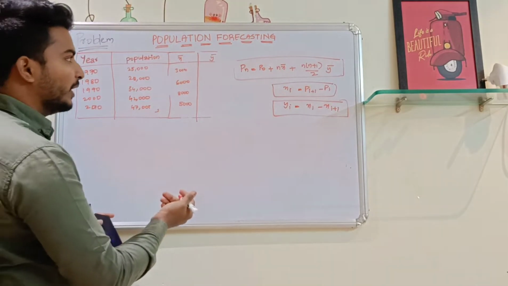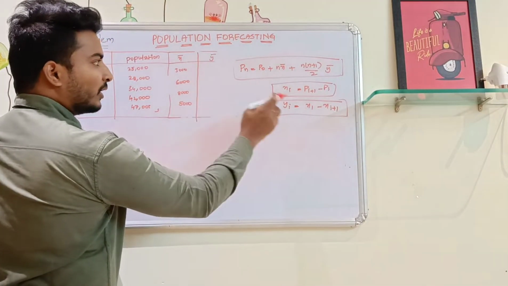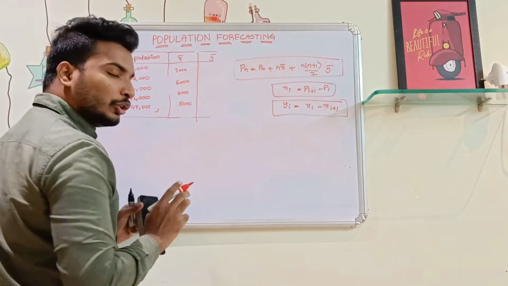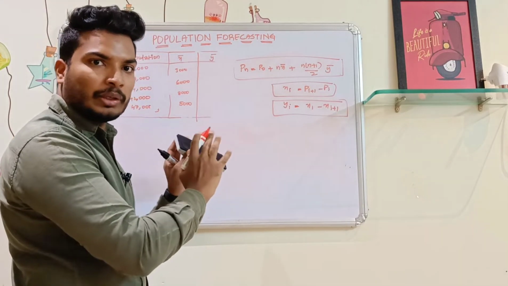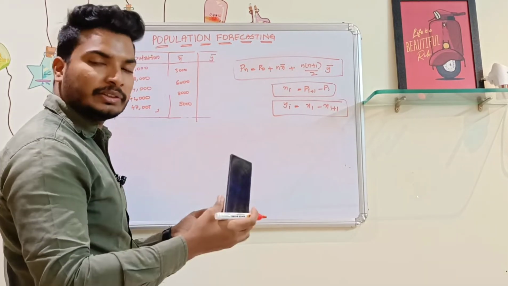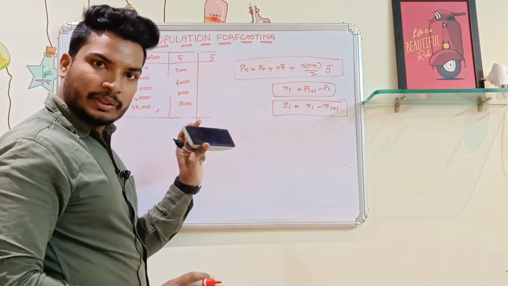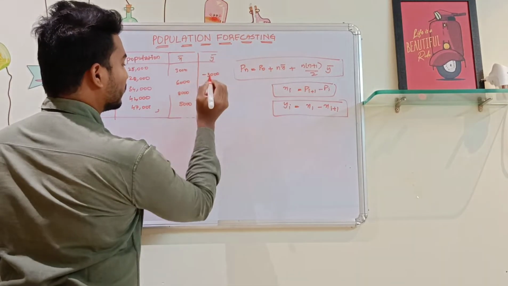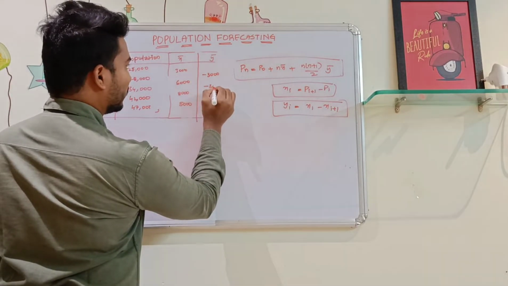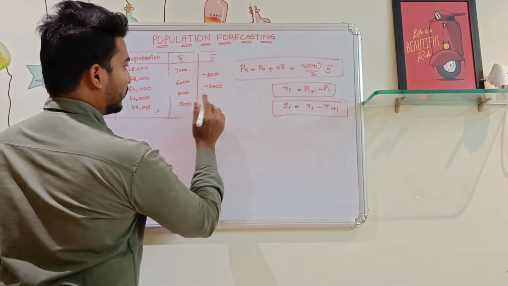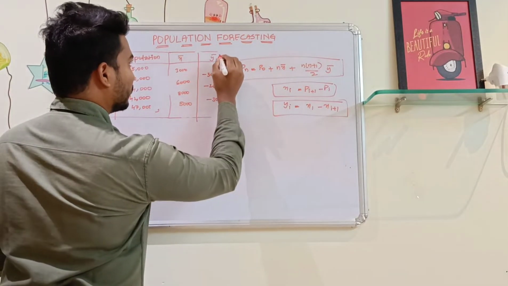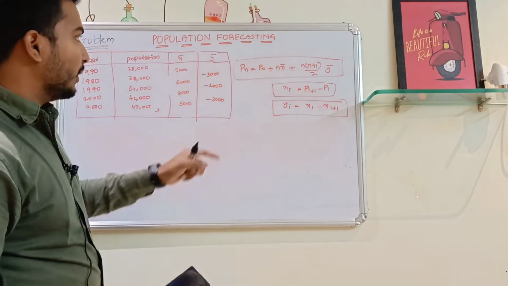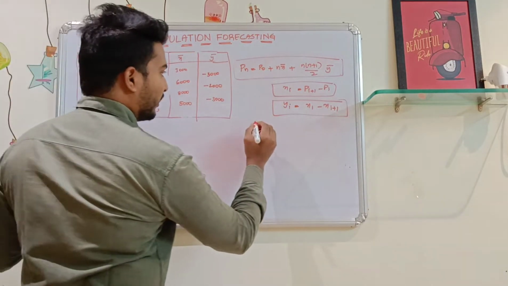So here what will be the y bar? Y1 is x1 minus x2. So x1 is 3,000 minus 6,000. Whatever value we get, even if it is negative or positive, we can directly write here. So y is minus 3,000. Here 6,000 minus 8,000 is minus 2,000, and 8,000 minus 5,000 is 3,000. So these are x bar and y bar values.